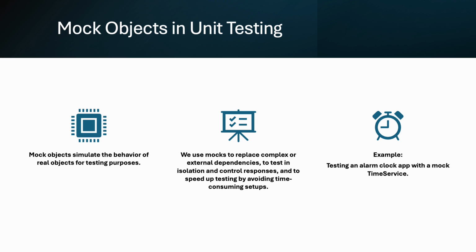So, a scenario in which we can use a mock object in unit testing would be testing an alarm clock with a mock called time service that simulates the current time. This would eliminate the need to wait for real-time conditions.